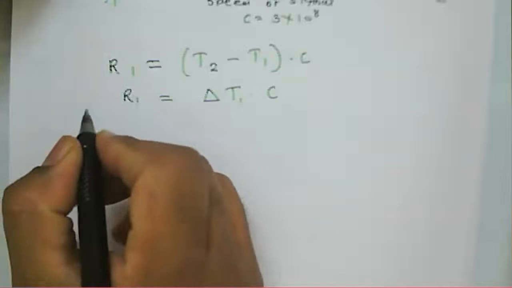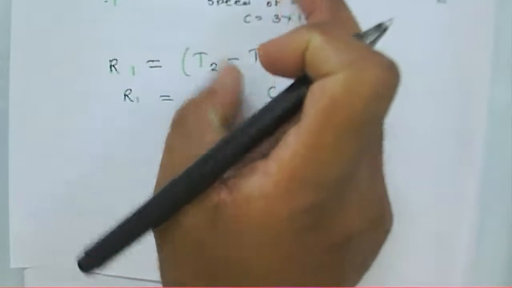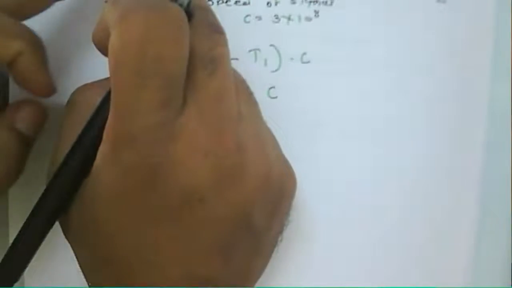Now we see here, the distance we have calculated is with respect to one particular transmitter.